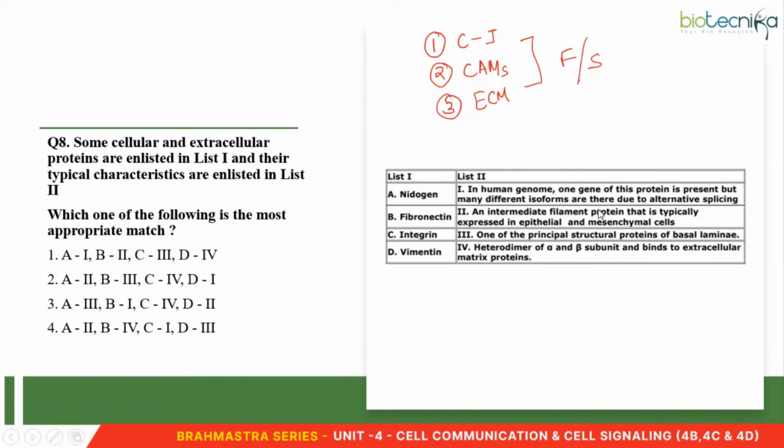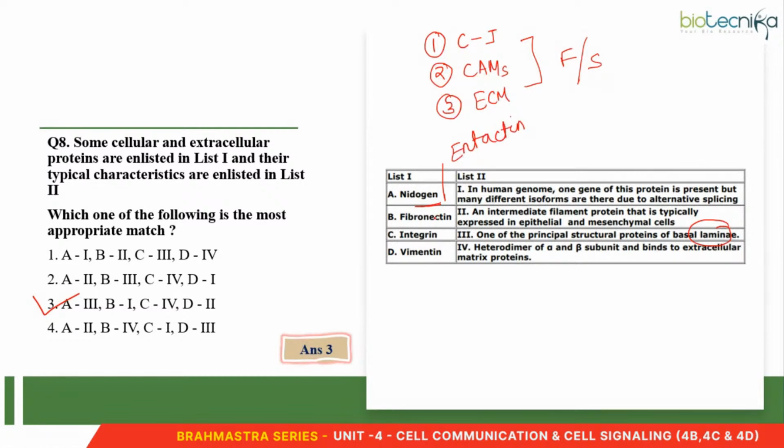Okay. So let's get into the answer if no one else is adding an answer. The correct answer over here is 3, as mentioned by Arzu and triple A. So A to 3: nidogen is a principal component of the basal lamina. If you remember, nidogen is also known as entactin.